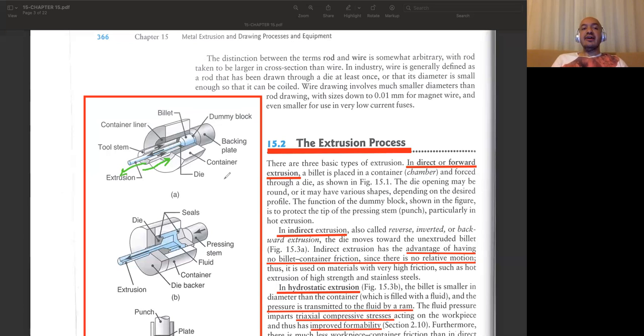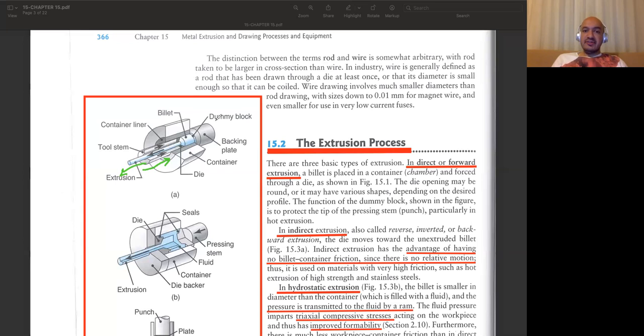That's why we call this process indirect extrusion. Another thing about indirect extrusion is that we put our material into this chamber once again. We don't have a ram at the backside, but instead we have a backing plate. This is keeping the workpiece at the same position.